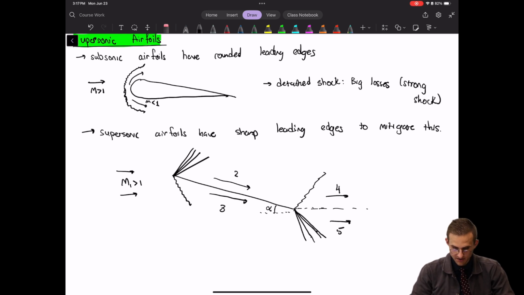Your boundary conditions essentially are that V4 is equal to V5, so you can have some sort of unstable shear, and also that the pressure at 4 is equal to the pressure at 5.